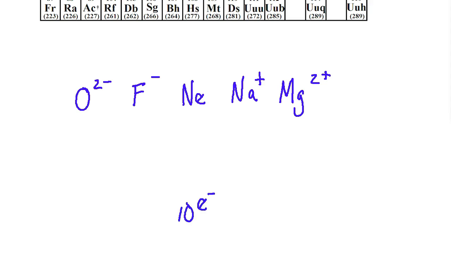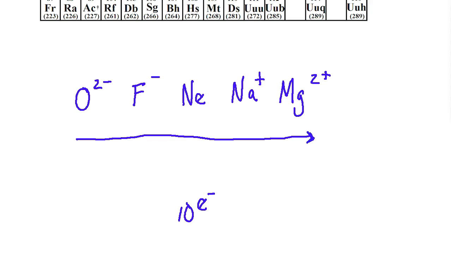Neon is the neutral form, and then I have some of the anions over here, and some of the cations over here. Well, we know that the general trend is that anions are going to be larger in size and cations are going to be smaller in size than their counterparts.